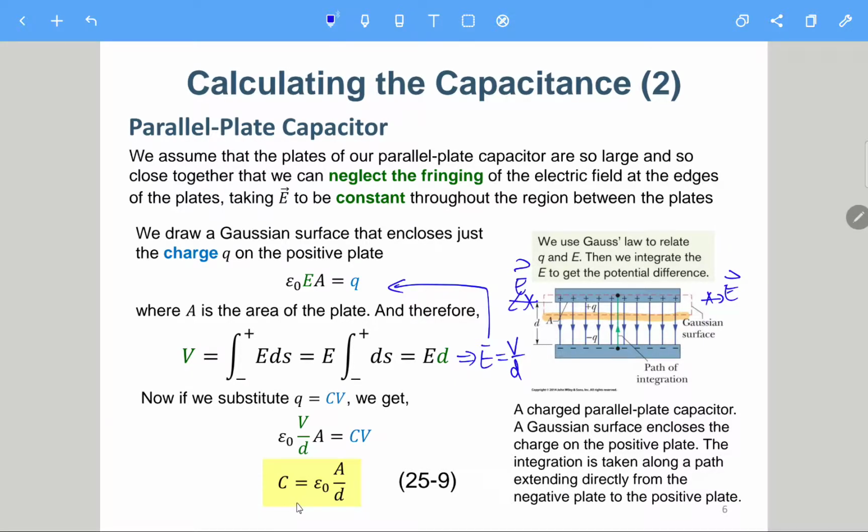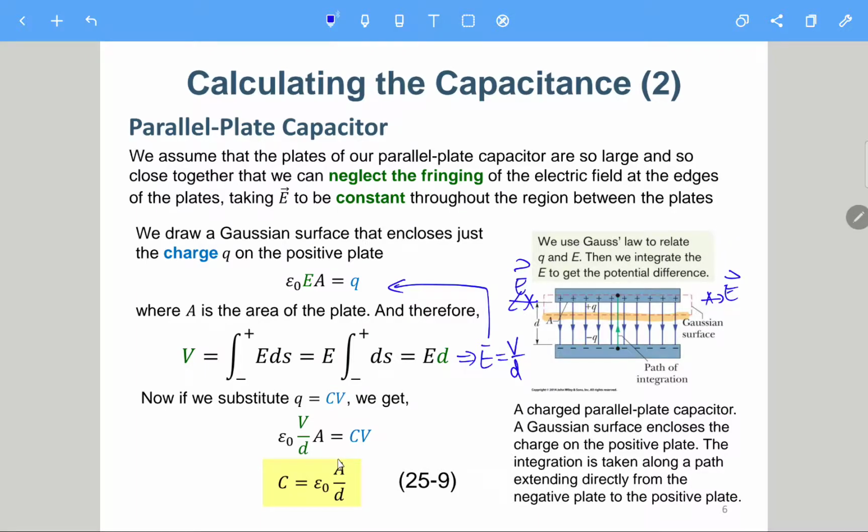This is the capacitance regarding the geometric structure. Epsilon naught is a constant; we already know it is 8.85 times 10 to the minus 12 in SI units.